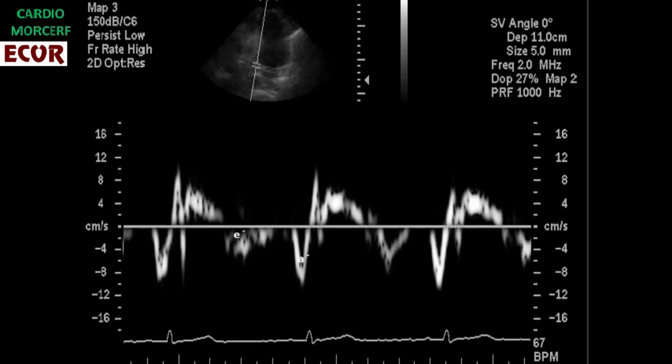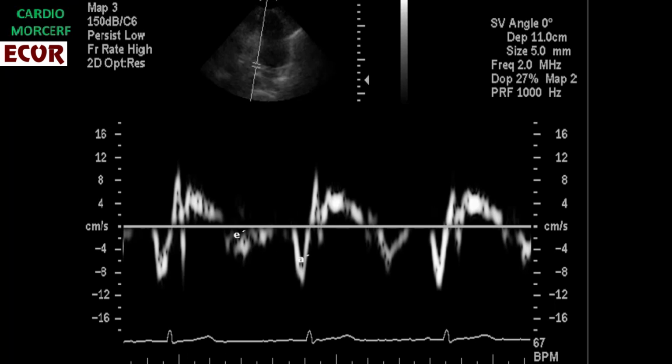Another problem with tissue Doppler is that, as with any Doppler, its measurements depend on the incident angle in relation to the evaluated movement. And what we analyze with it is not the real amplitude of displacement and return of these sites, but their velocities. And this velocity is a vector and depends on different velocities, like the longitudinal displacement in apical direction, that we think is the only one we are analyzing, but also there is a circumferential or rotatory velocity and the radial velocity toward the center of the cavity.